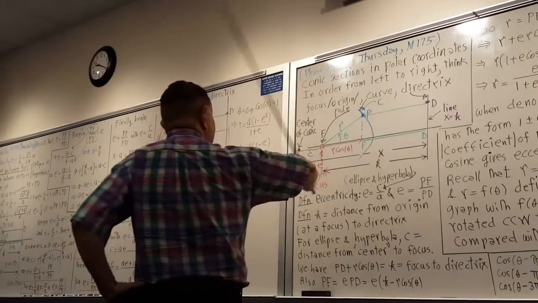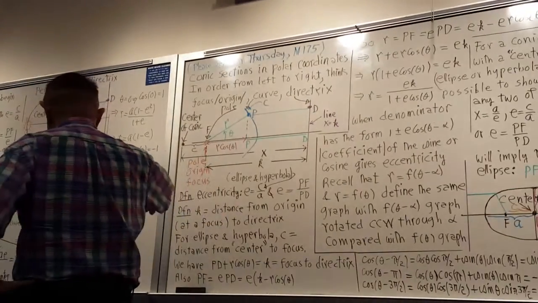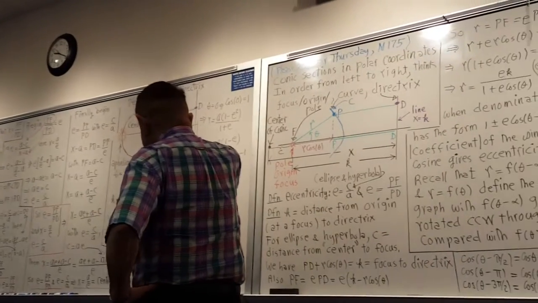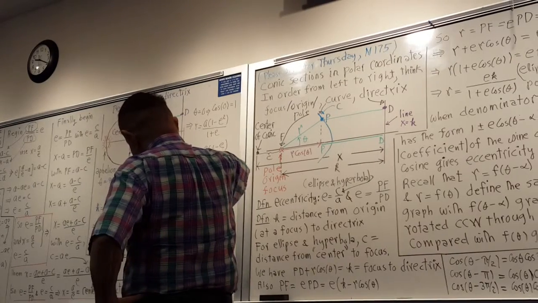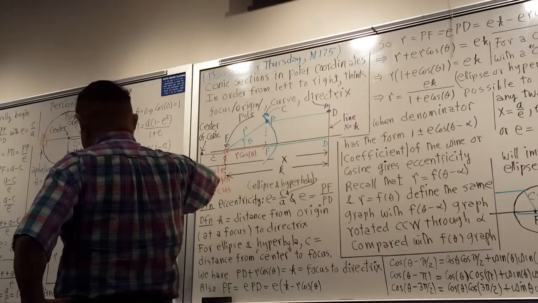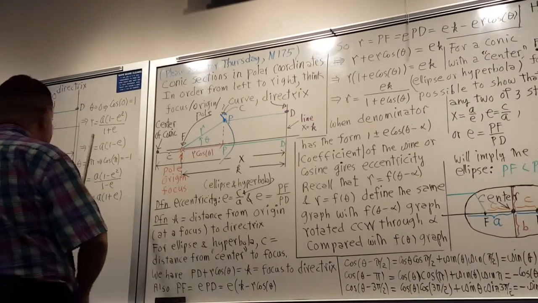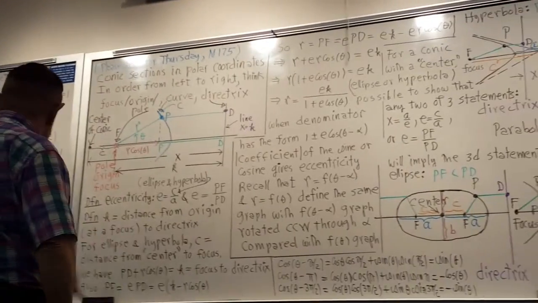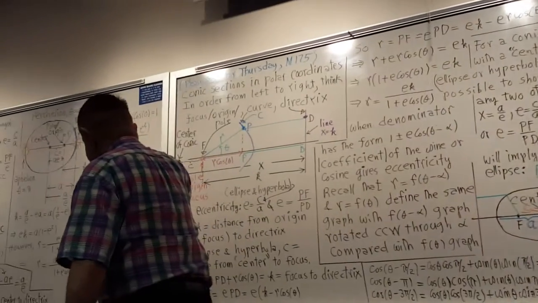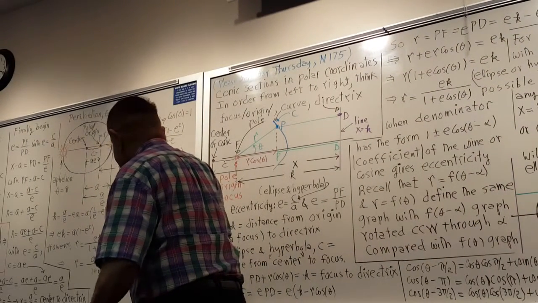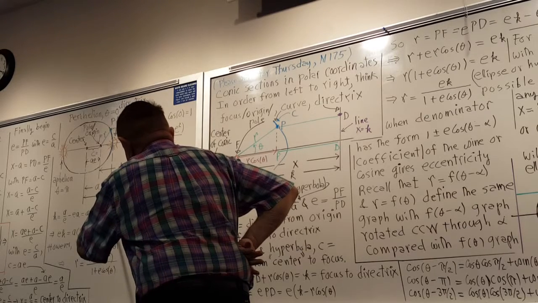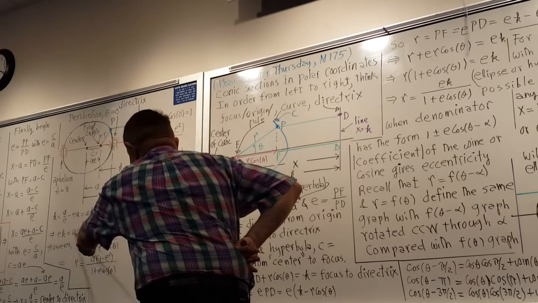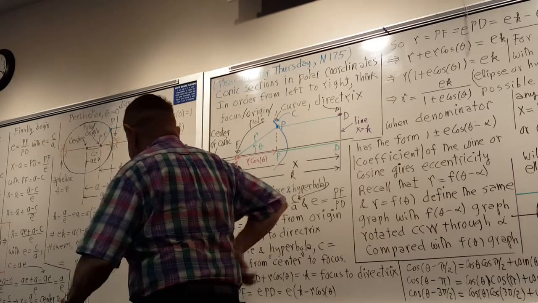So we know from over here that the polar form of the conic is R is EK over 1 plus E cosine theta, if that's the starting position, and then more generally we can change the angle here. So then the EK is this, A times 1 minus E squared.